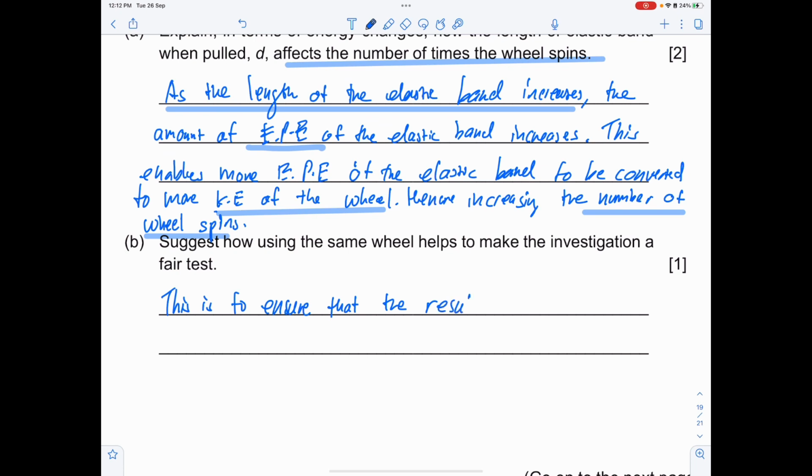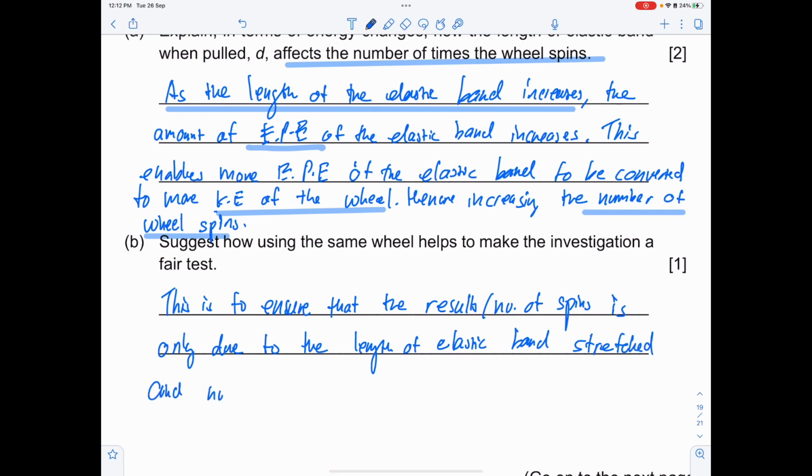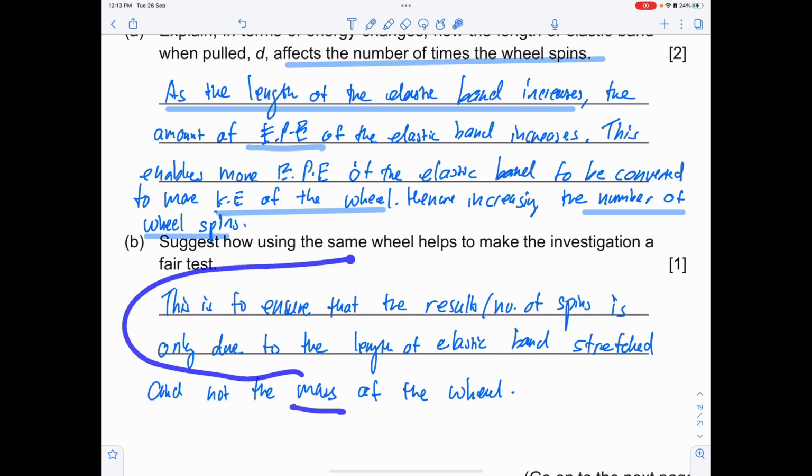So the results, slash number of wheel spins or spins, we short form it, is only due to the distance d or the length of elastic band stretch and not the mass of the wheel.